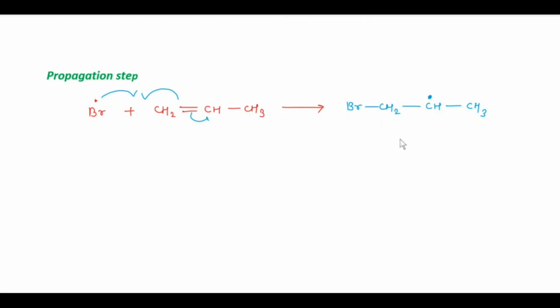This new radical again reacts with HBr, with loss of Br radical and formation of alkyl bromide taking place.